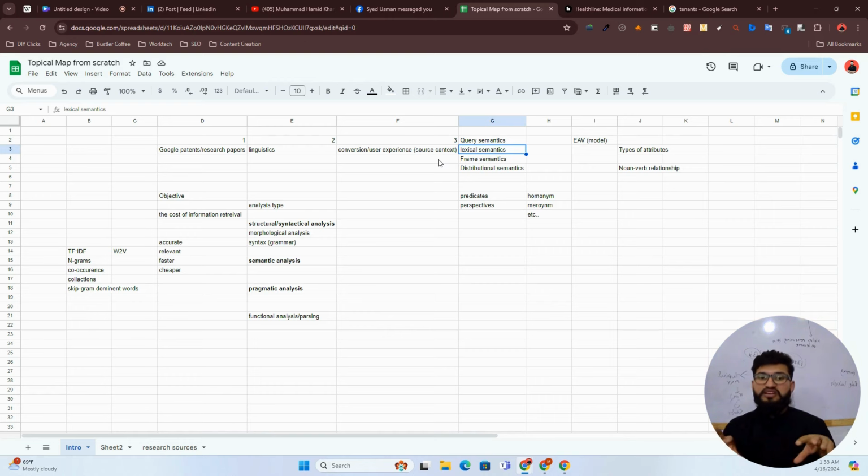But in lexical semantics, we only discuss how things are close to each other in terms of relationships. Relationships could have multiple types, like synonym, like antonym. You probably read about those two, but there are more than those two, like holonym, homonym, polyseme, meronym, hypernym, hyponym, and more again in that list as well.